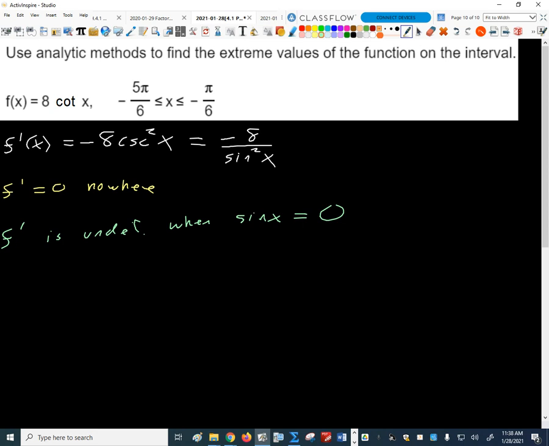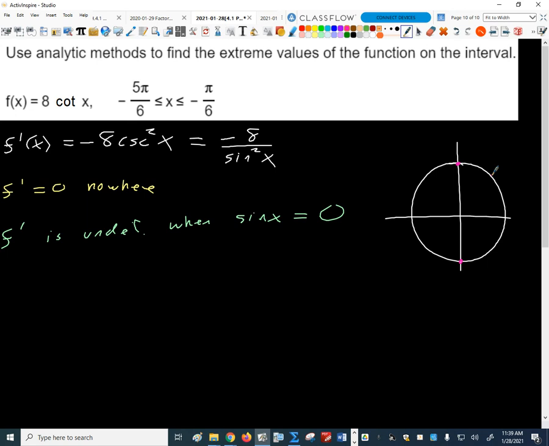Well, we got to look on the unit circle to see where that happens, right? On the unit circle, sine is equal to 0 at two places, right? Sine is equal to 0 there and there, because sine is the y-coordinate of the corresponding point on the unit circle.